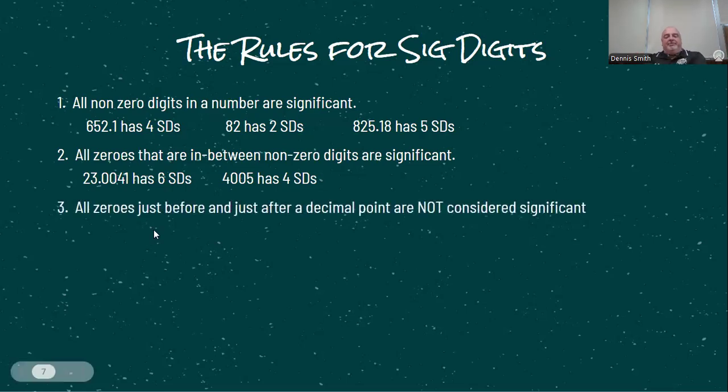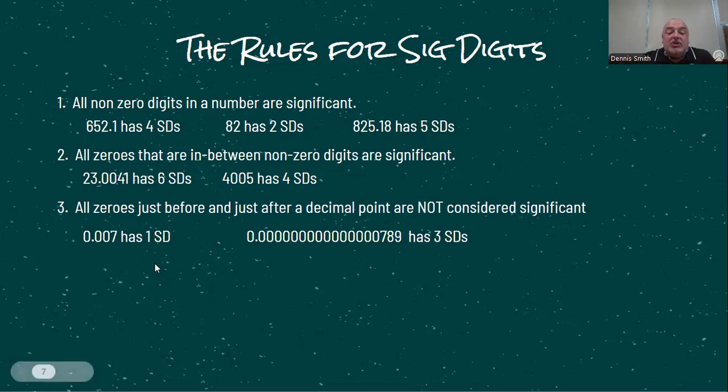All zeros just before and just after a decimal point are not considered significant. So 0.007, and this is where my issue lies, 0.007 has 1 significant digit. So what you're telling me is those zeros don't matter. Well, if you take those zeros out of the number, it changes it completely because it's 7 1,000s.